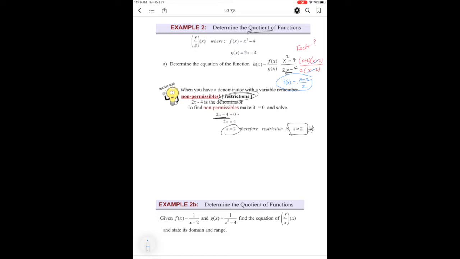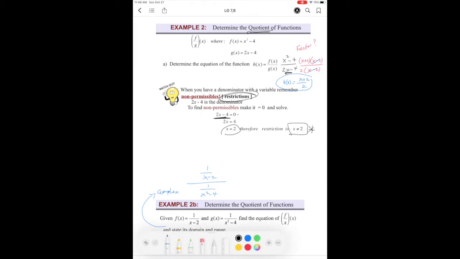All right. Now, the quotient one on the bottom here, I'm just going to swing up and do it up here. This is when you have a fraction in a fraction, so we call this complex fractions. So I have 1 over (x minus 2) divided by 1 over (x squared minus 4).